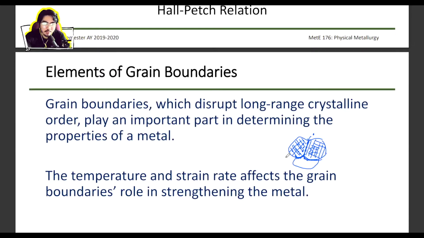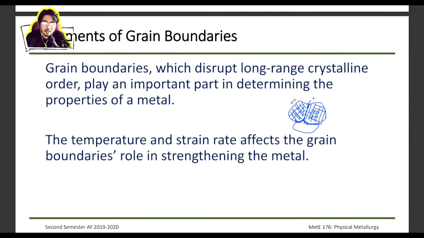When you have long range crystalline order, for example, this is a long range crystalline order, and it produces a particular orientation of the grain. For simplicity's sake, I'm just drawing something that looks like this, this grid pattern. Just imagine that this is a crystalline structure.